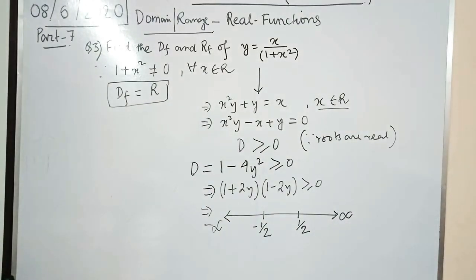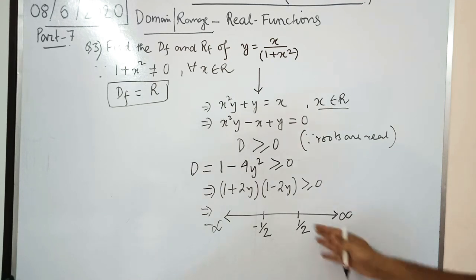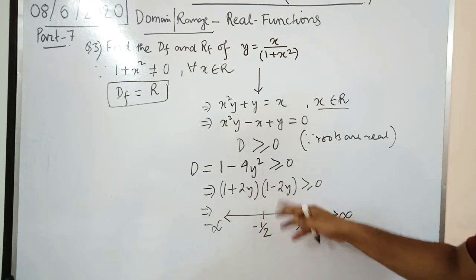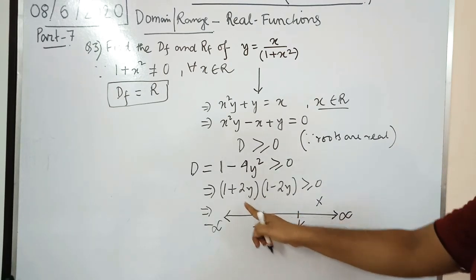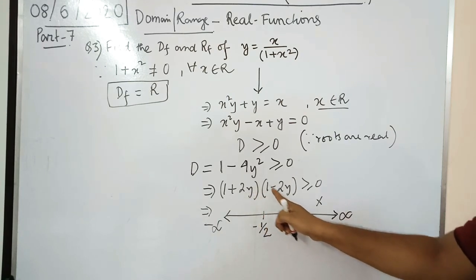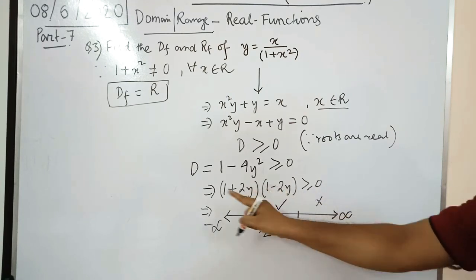So we are going to put random values from each of these intervals and test whether it satisfies the given inequation or not. So what we do, I take a value more than half. If I put something like 5, this is positive but this is negative, so this is not satisfied. If I put something in between, that means 0, so 0 and 0, so 1 into 1, it's satisfied, getting positive.